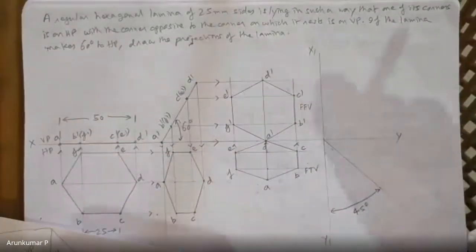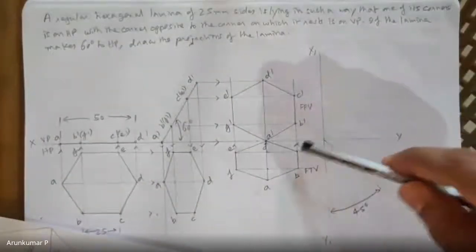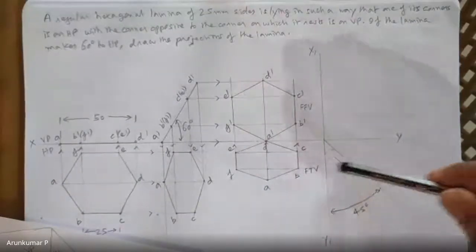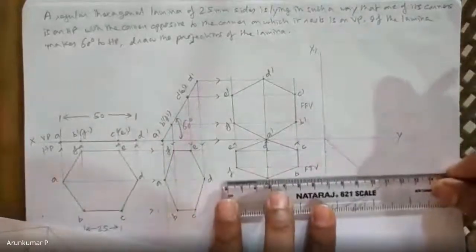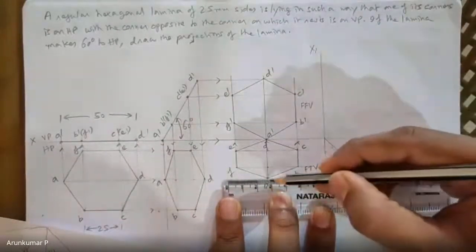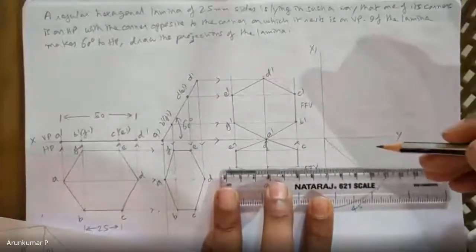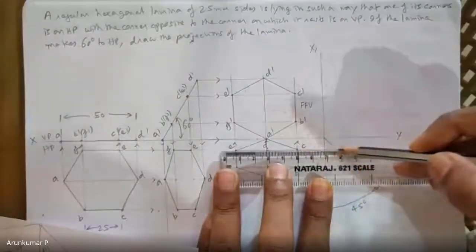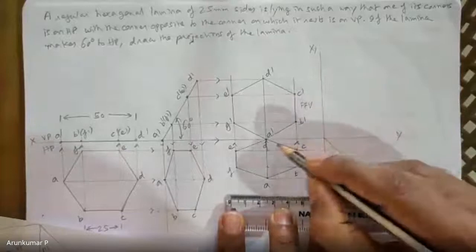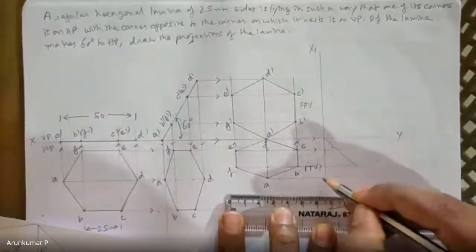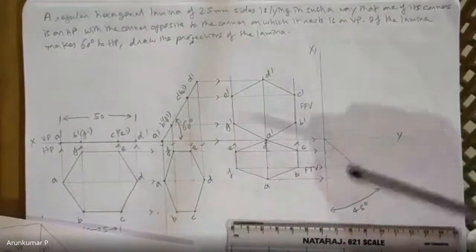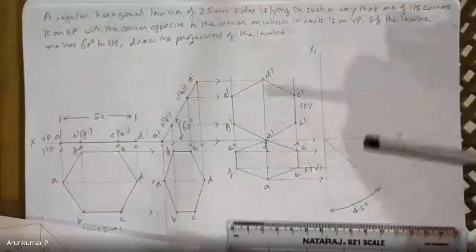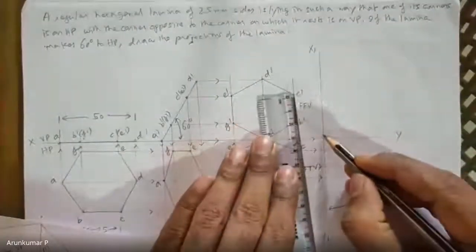Now I'll draw the horizontal and vertical projectors. First I'll take the projectors from the top view, the horizontal projectors onto the median line. So projector of A, projector of F and B, projector of C and E, and of course the projector of D. So four horizontal projectors. They will intersect the median line, and then you have to project them up because the front view is on the top. So project them up.